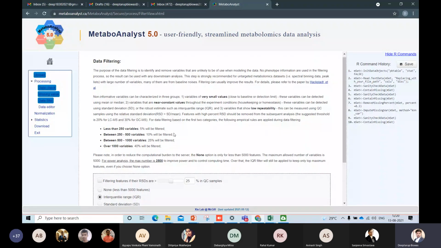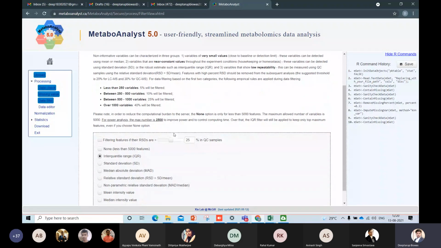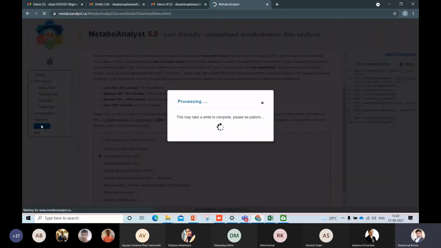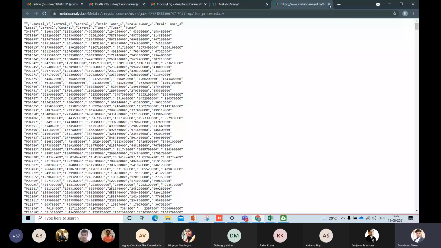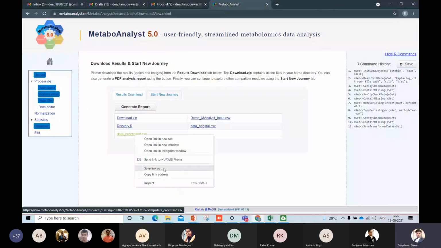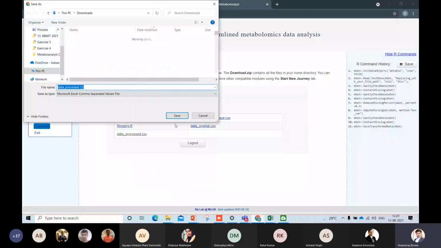So once we have processed, you can see that the normalization has been done. But how will you know how many features are left and how many missing-value-filtered data points have come? You can go to the downloads option, and over here there is a processed data.csv. If you click here and choose save link as, save it wherever you want.